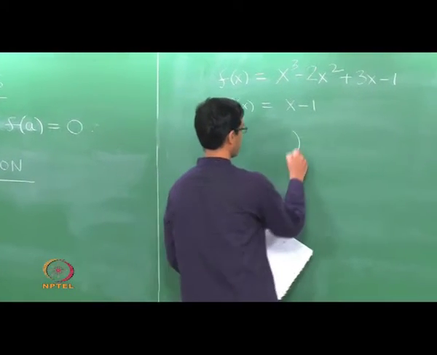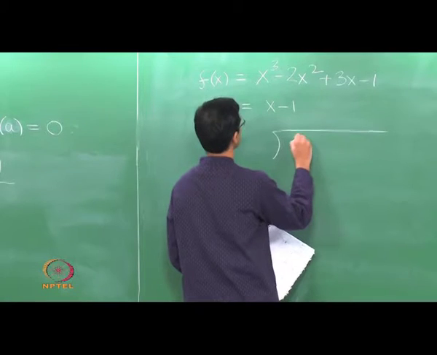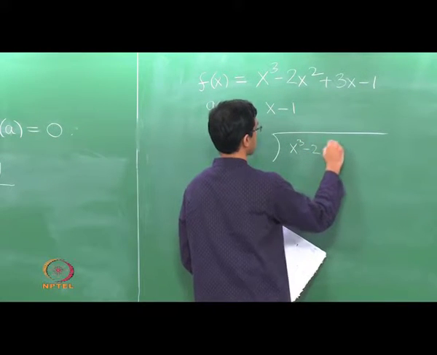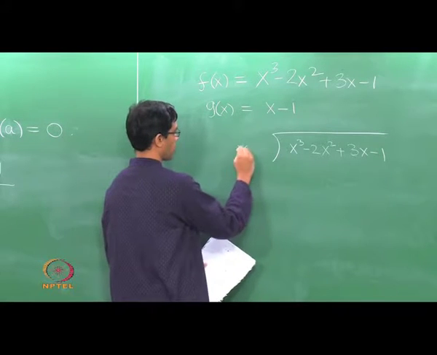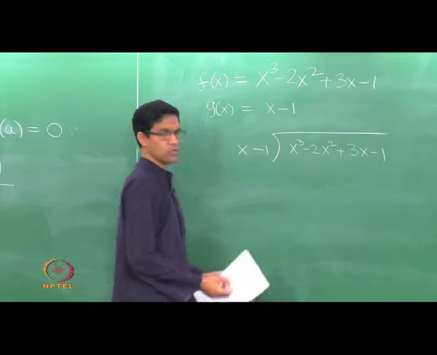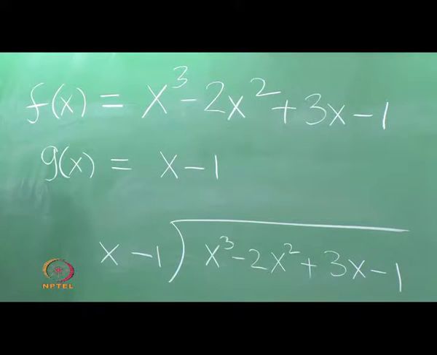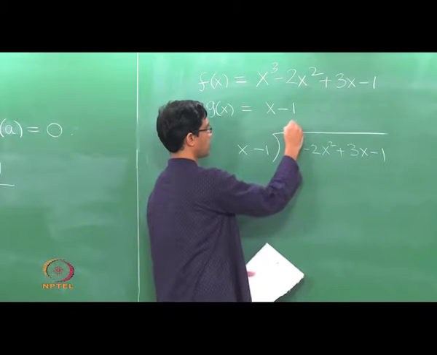So we will write f of x first, x cubed minus 2x square plus 3x minus 1. You want to try and divide it by the polynomial x minus 1. So the algorithm, the procedure says first divide the highest power here by the highest power here. So x cubed divided by x gives you a quotient of x square.